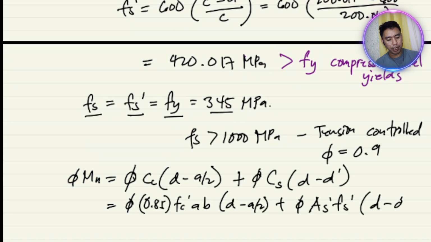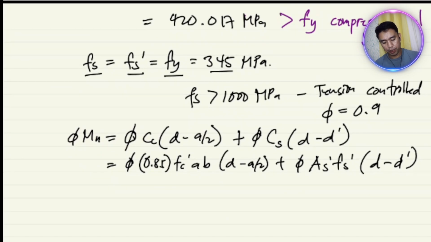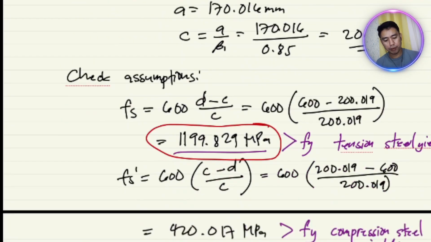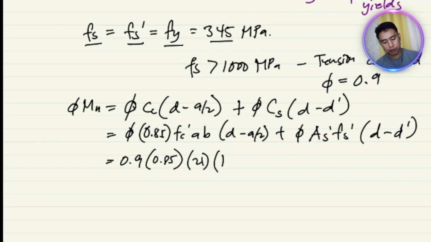Moment arm D minus D prime. So, we have ang phi natin is 0.9 times 0.85 FC prime of 21 megapascal. Okay. And A natin na solve, we have A 170.016.